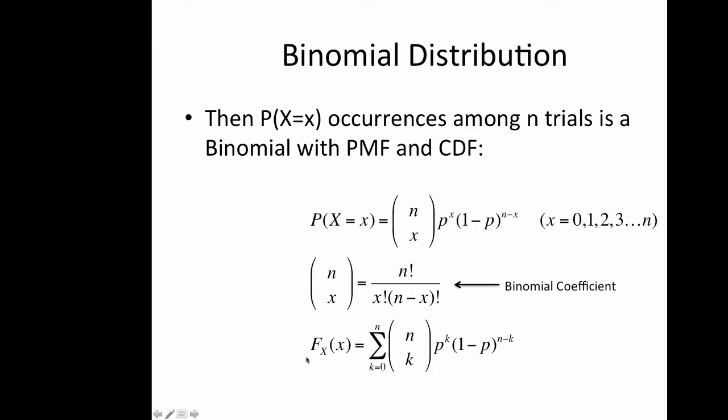The CDF is simply the sum of these over all the occurrences. So we sum up the discrete probabilities associated with the x number of occurrences out of n number of trials, from 0 all the way up to n number of trials. So it's simply the PMF for each of the discrete occurrences over n number of trials.